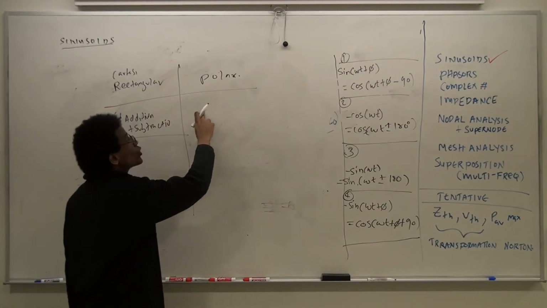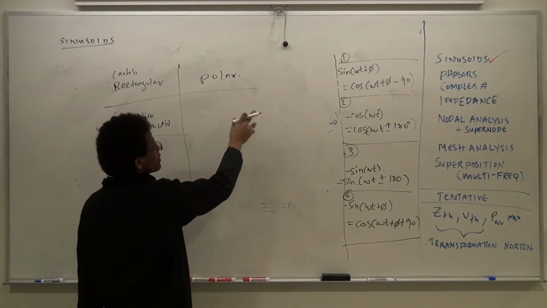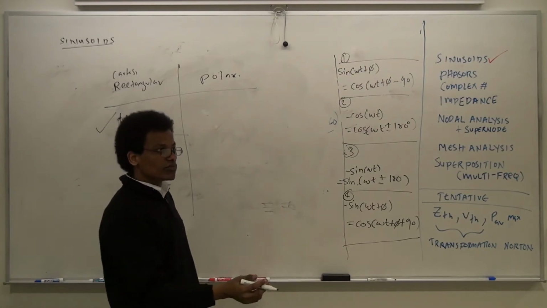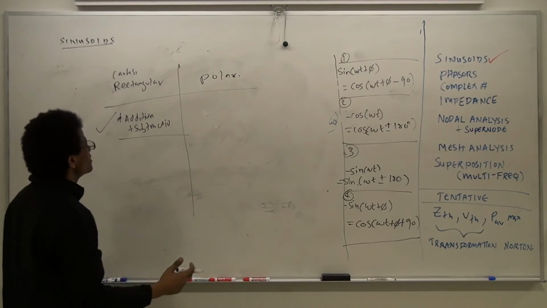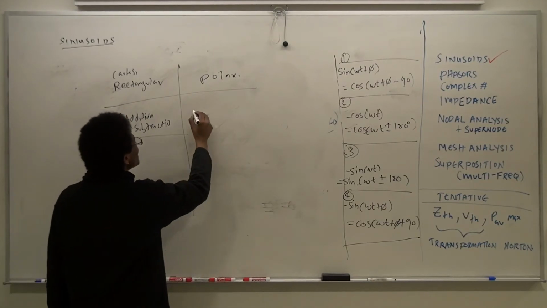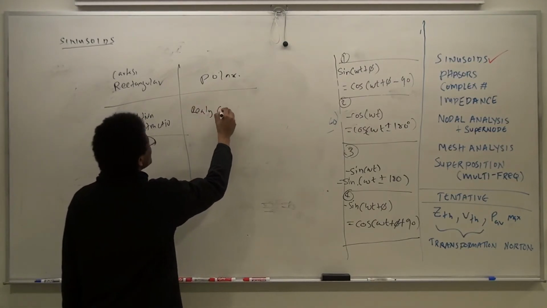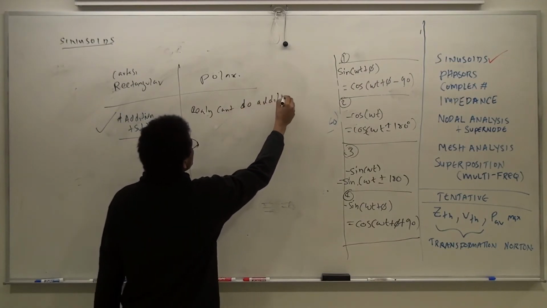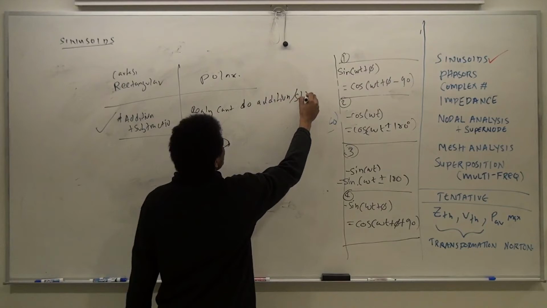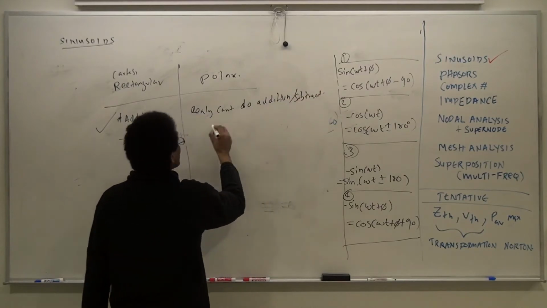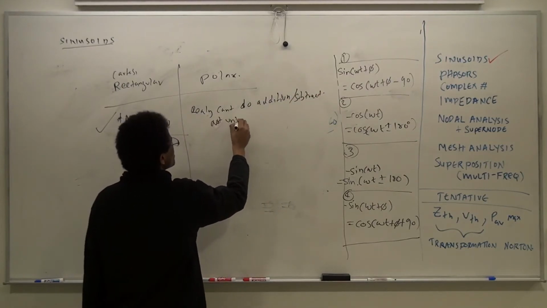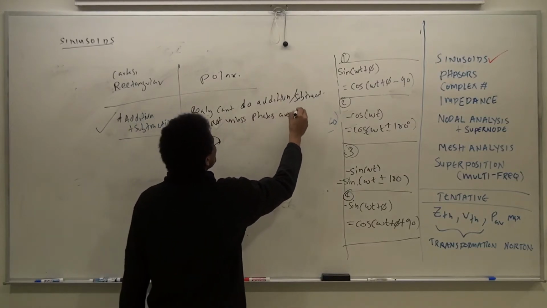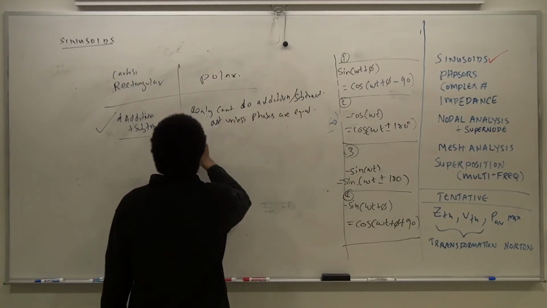Polar coordinates, you can't add or subtract, unless the phases are the same, which most of the time doesn't happen. So really you can't do addition or subtraction, unless, of course, the phases are equal, which is very rare.